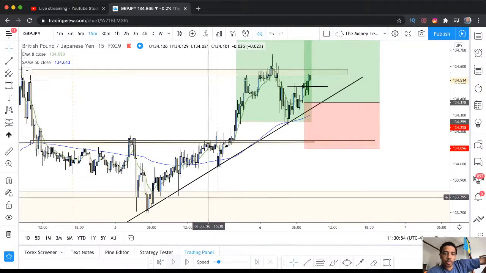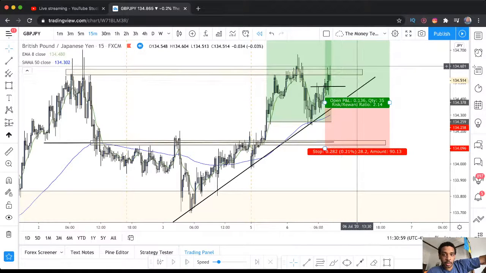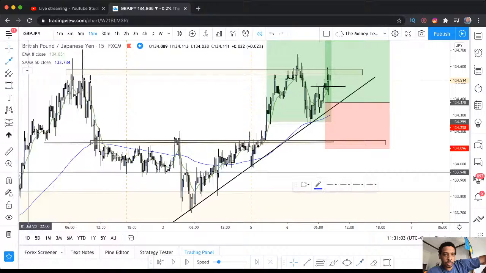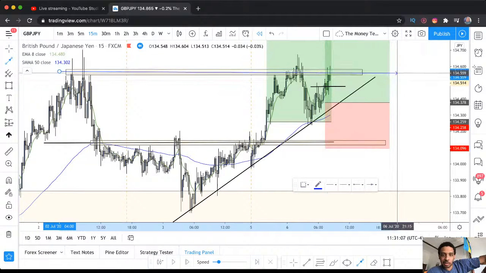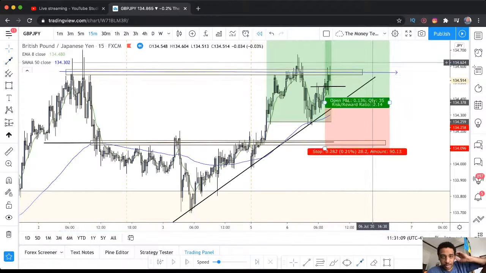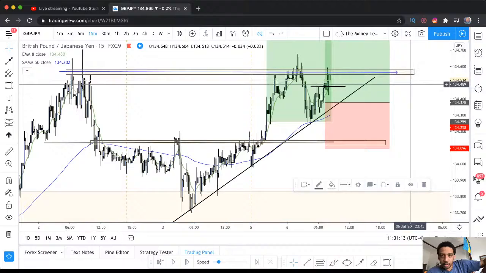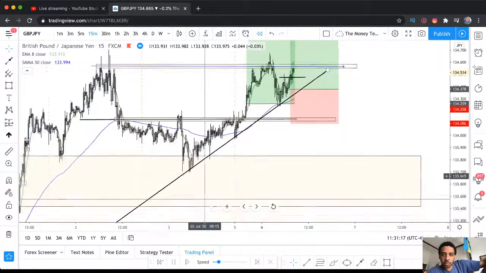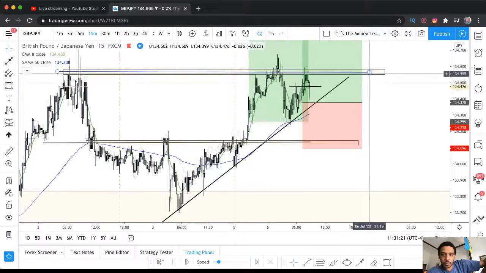So what I'm seeing here is, once price breaks above this area here, I think price is gonna take off. Price is going to rocket. This is the only resistance stopping us right now.